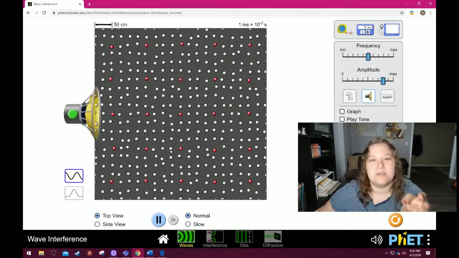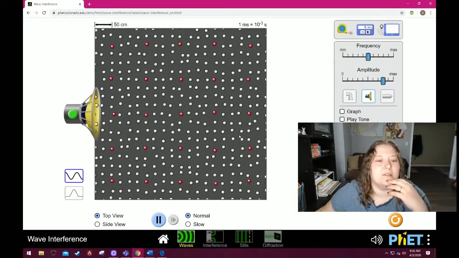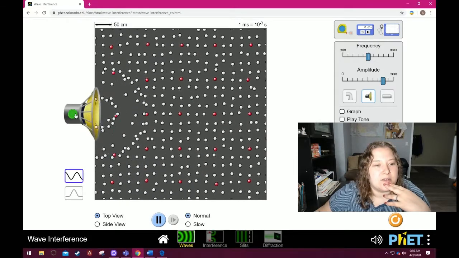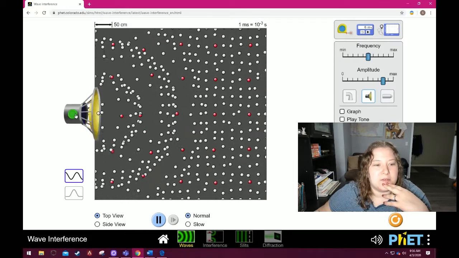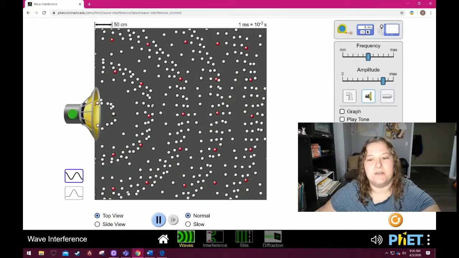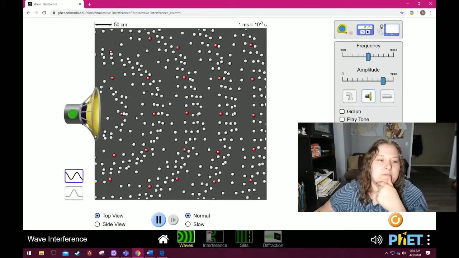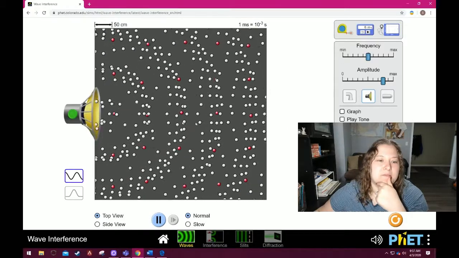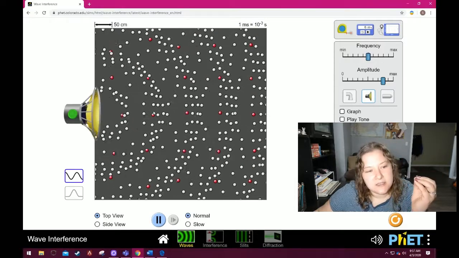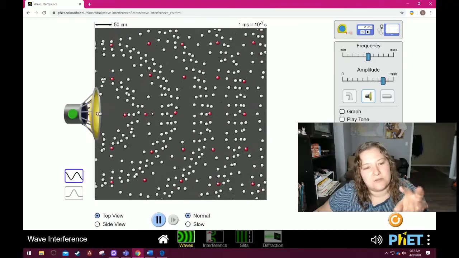These particles represent the air particles in our world and the matter in which sound has to travel through. If I do sound here, you can actually see the particles moving in the direction of the energy, right? So it's pushing away, it condenses and releases those molecules.